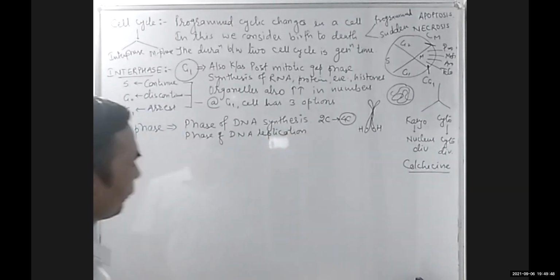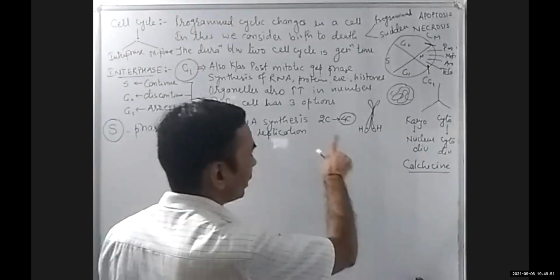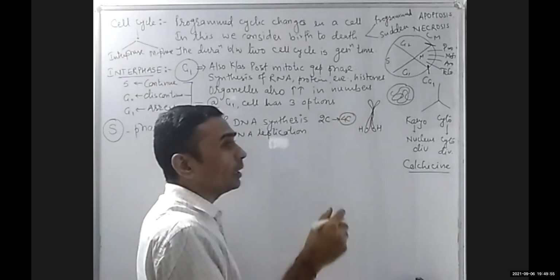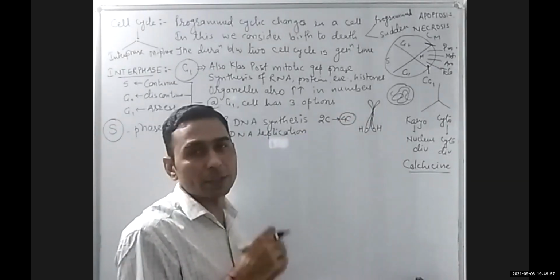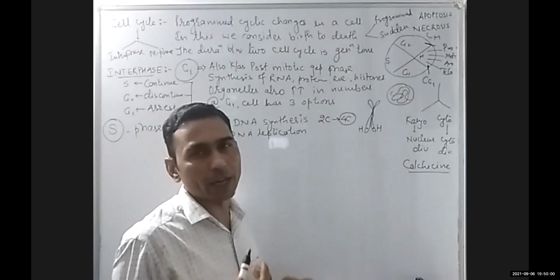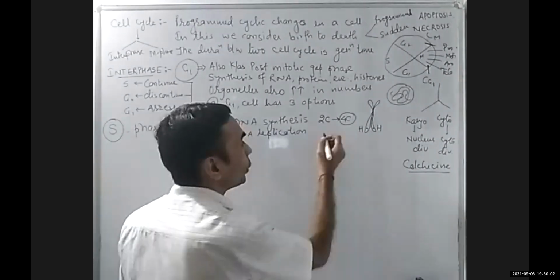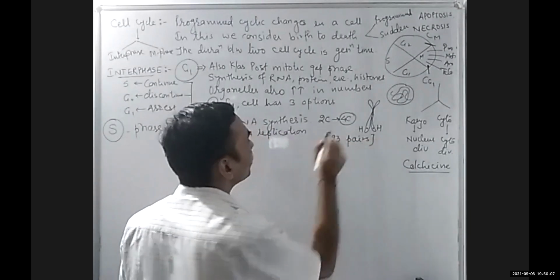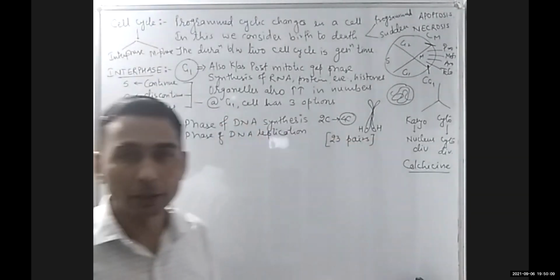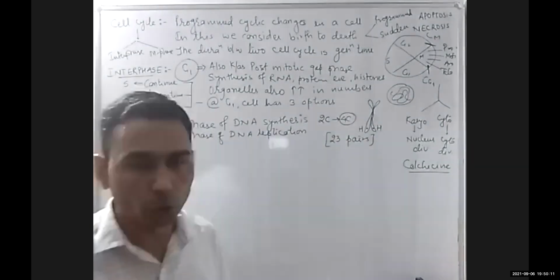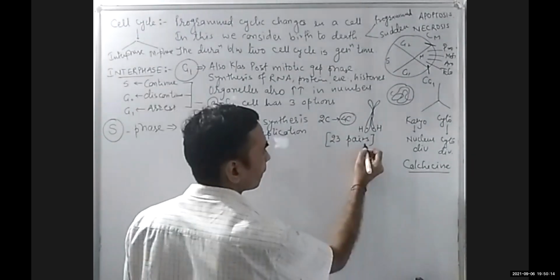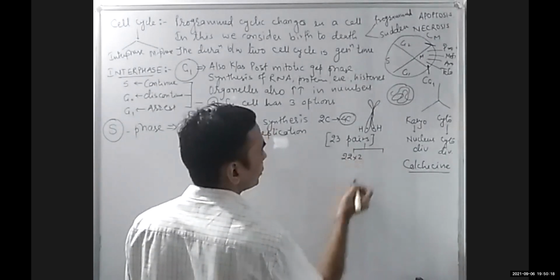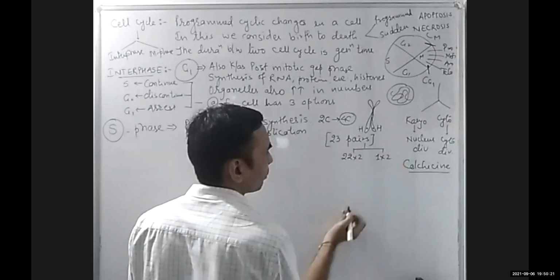Yes, sir. Perfect. So that DNA becomes double, 2C to 4C, the DNA content becomes double, and such observed bodies, seen bodies, are known as chromosomes and are found to be 23 pairs in human beings, out of which how many are autosomes? 22 pairs. So 22 into 2 means pair, and 1 into 2 means one pair.